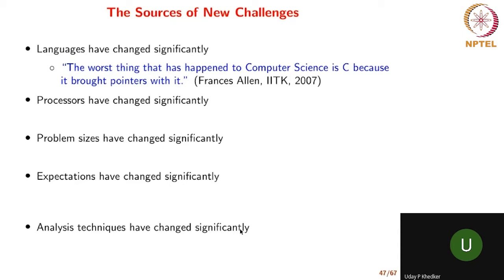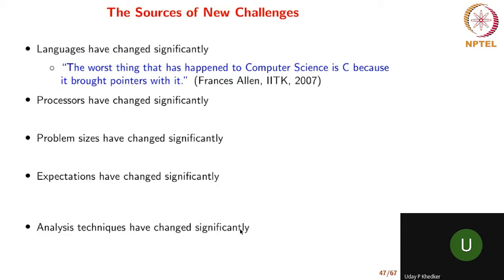So we have to look at the perspective in which Allen would have made the statement. Frances Allen is a leading compiler writer. She was the first woman Turing awardee, and she's done immense work in compiling, particularly for discovering automatic parallelization.